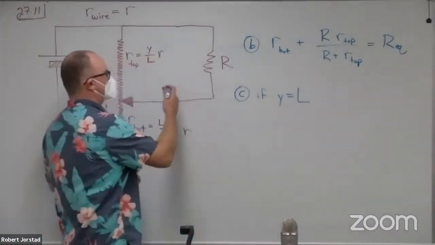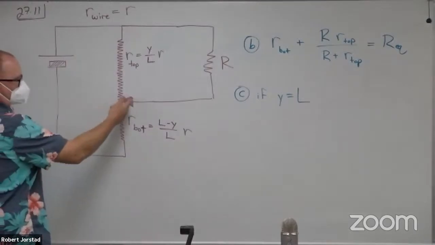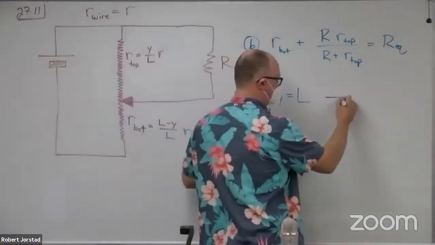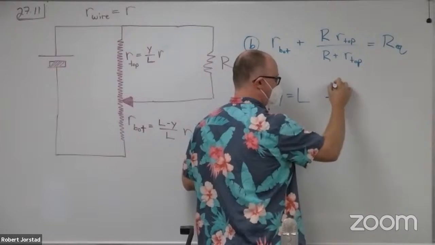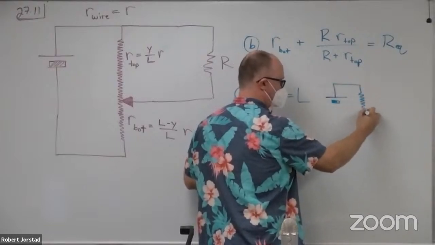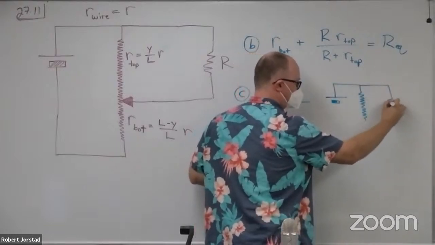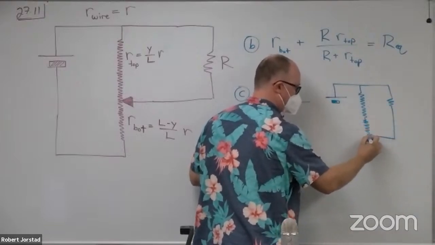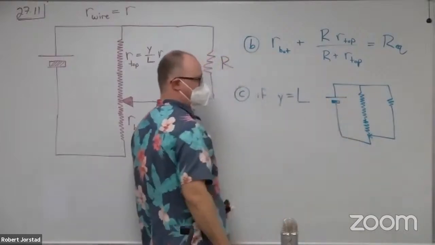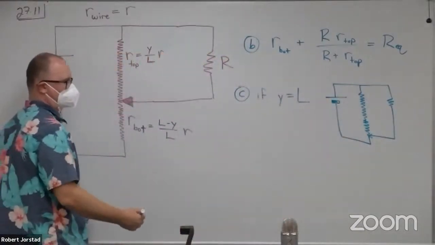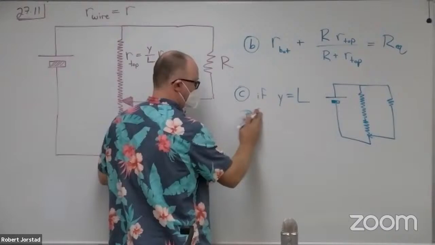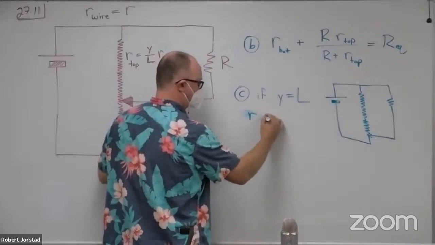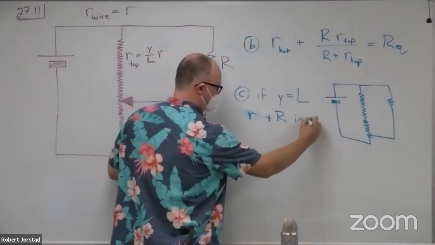If Y is equal to L, where would I be connecting? At the very bottom, right? What does this look like? Series or parallel? Parallel. And that would mean R and R in parallel. Agreed?